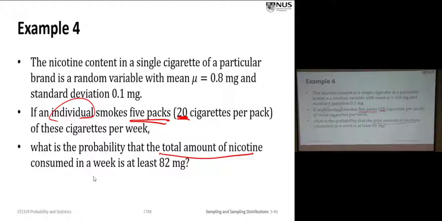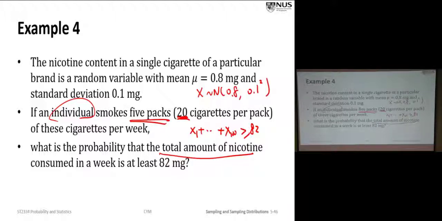So what's the amount of nicotine consumed? In other words, if each cigarette has a certain amount of nicotine, we are asked the probability that the total is at least equal to 82, provided that each X, the amount of nicotine in a cigarette, follows mu and this one.